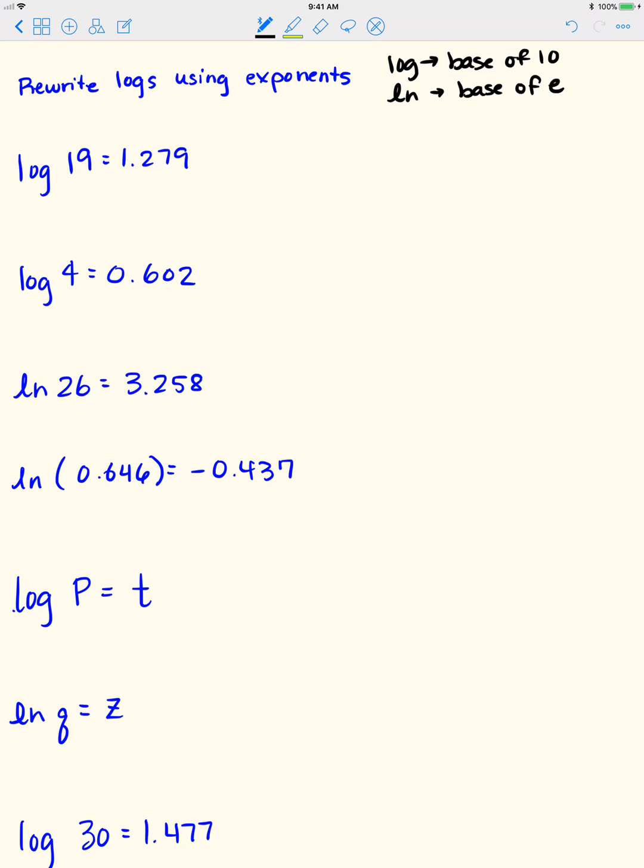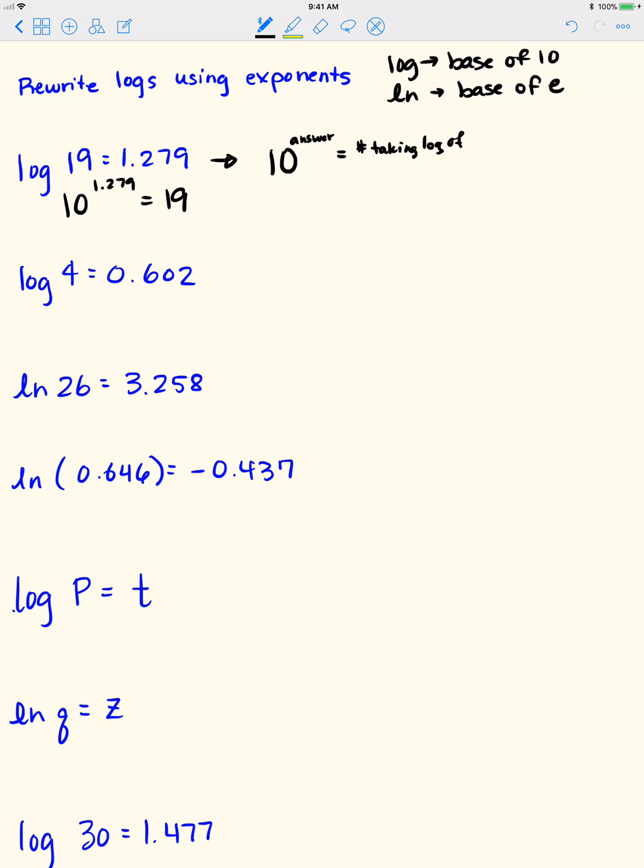For this first example, log of 19 equals 1.279. To rewrite that, 10 is the base, and so 10 gets raised to the answer, and it'll equal the number that we're taking the log of. So that'll look like 10 to the 1.279 power equals 19.